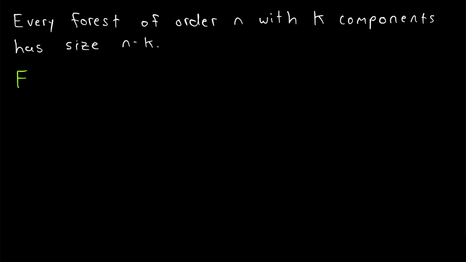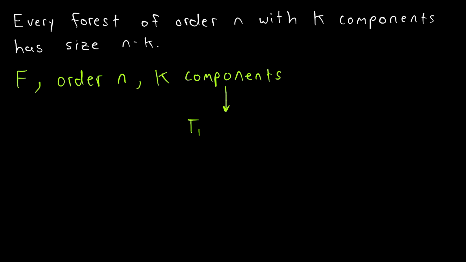So we'll just say that F is our forest, and it has order n, so it's got n vertices, and it's got k components. So it's a forest that's made up of k trees. Let's call these k tree components of F T1, T2, and so on all the way up through the last component, Tk, where k is greater than or equal to 1.